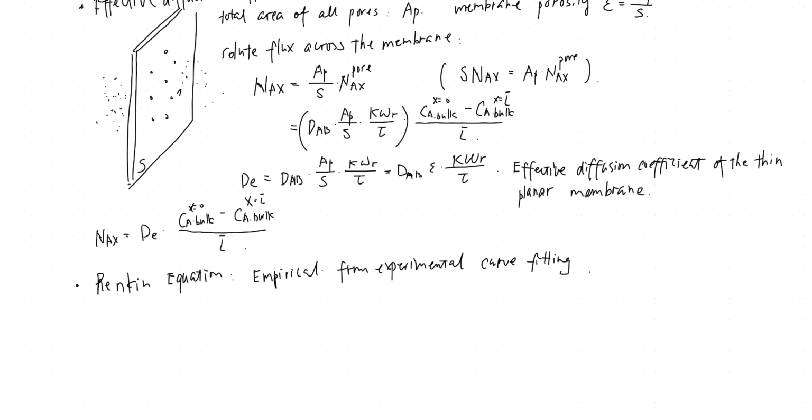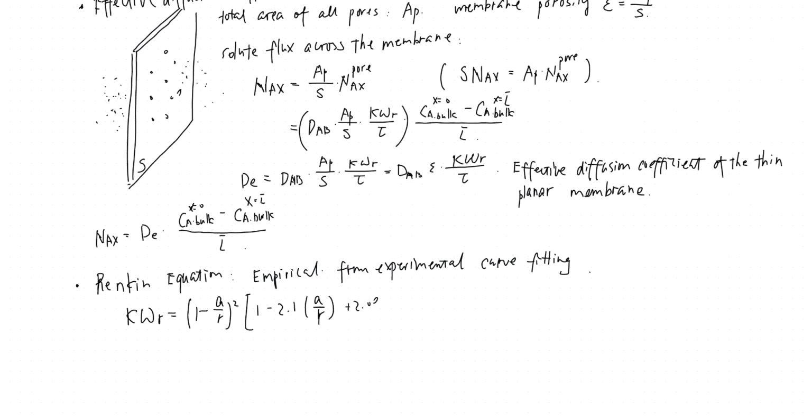And the Renkin equation says that the K omega R, the product, is this multiplied by the other. The first term, we know that it is the partition coefficient.